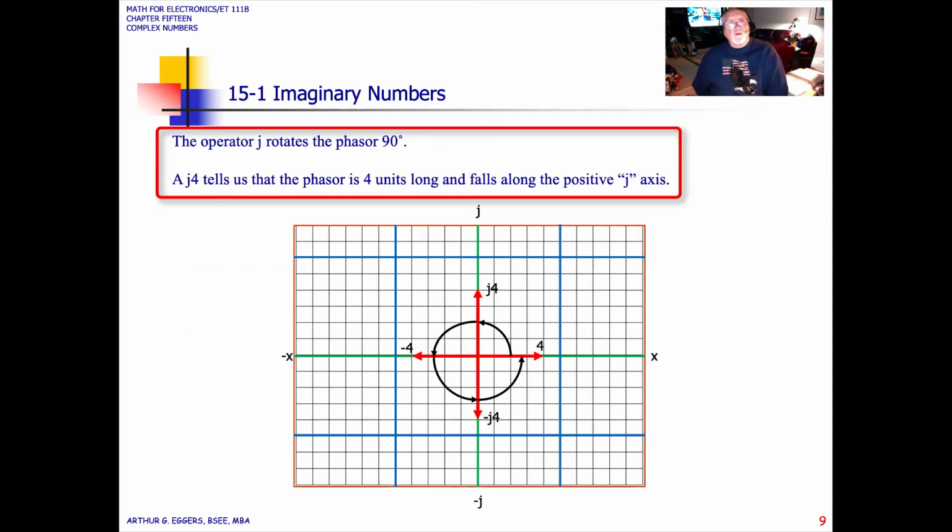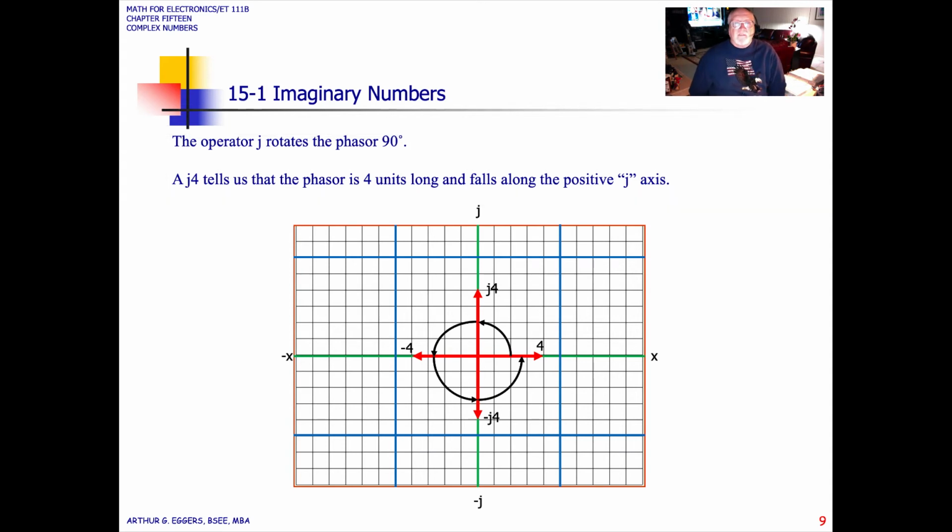So if we look at a graphical representation here, let's say that we've got a vector that is creating a resultant or some value that is a real and imaginary number. And we can see that if it lies on the x-axis, we just have 4, the real part, and 0 for the j part. If we rotate it 90 degrees, in the first 90-degree rotation, the real part goes to 0, but the imaginary part now becomes plus j4.